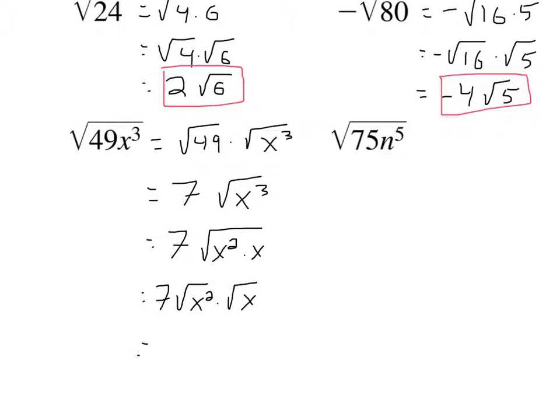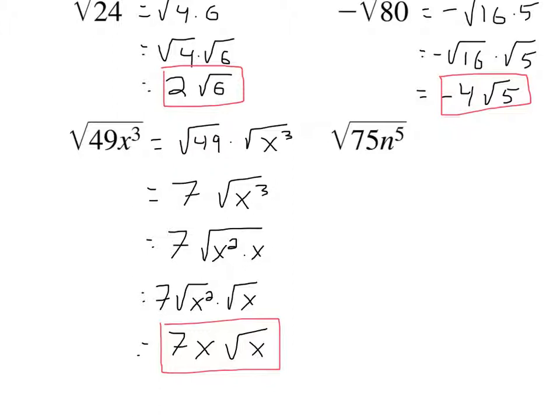And the square root of x squared is just going to reduce perfectly to x, because a square root and a squared undo each other. So that's going to leave me with a 7x on the outside of my radical and a square root of x on the inside. And although it may not look like it, that's my final simplified answer: 7x square root of x.